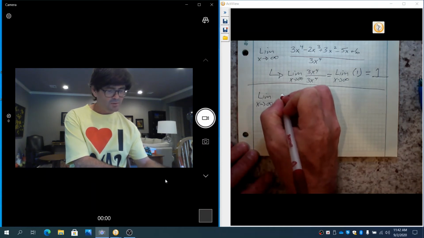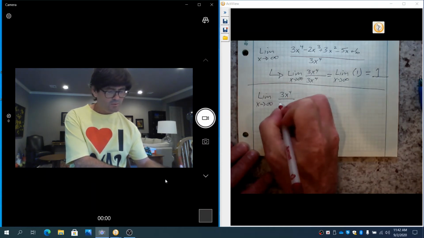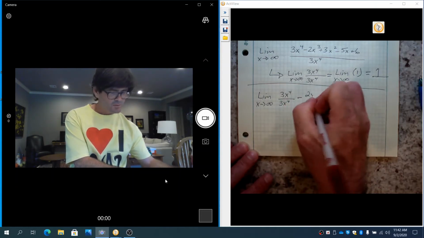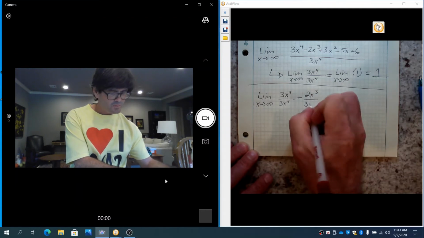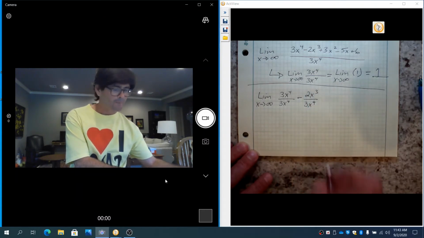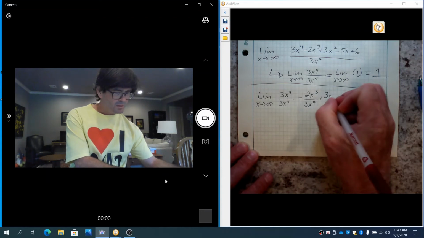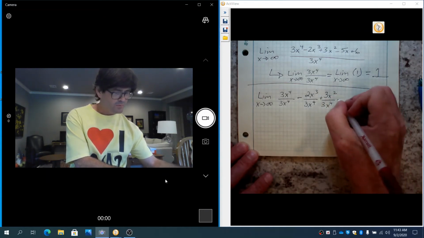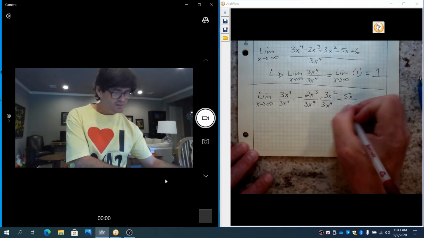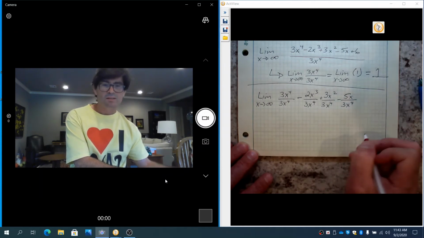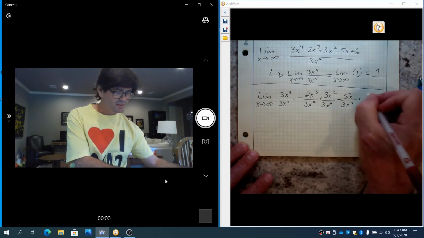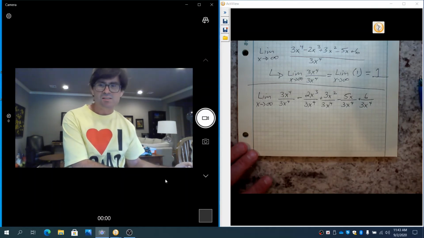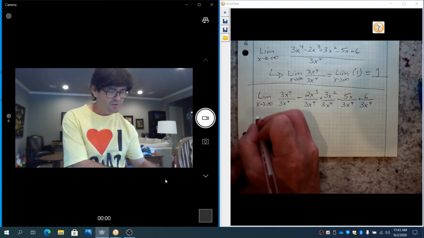So we can do 3x to the fourth over 3x to the fourth, minus 2x cubed over 3x to the fourth, plus 3x squared over 3x to the fourth, minus 5x over 3x to the fourth, and finally plus 6 over 3x to the fourth. And now you can even start simplifying it if you want to.